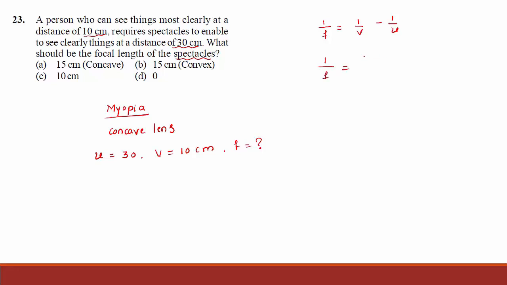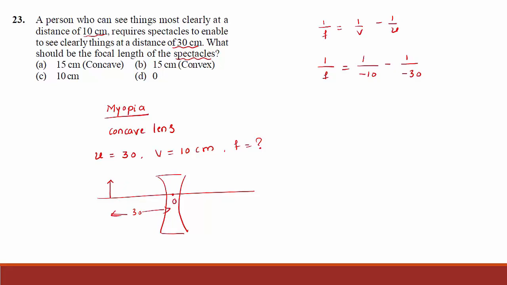1 divided by V is given, that is 10 centimeter. So we can apply the Cartesian sign conventions, that is minus 10, minus 1 divided by, that is object distance is 30, minus 30. Here you can see the concave lens will be like this. Concave lens. This is the principal axis. This is the object which is at 30 centimeter from the optic center.